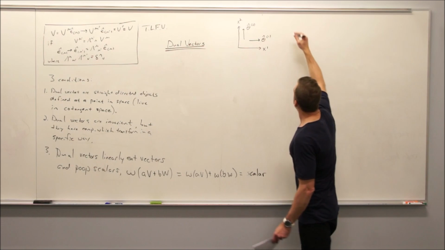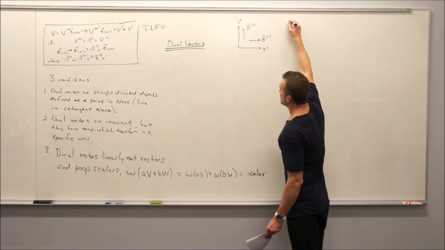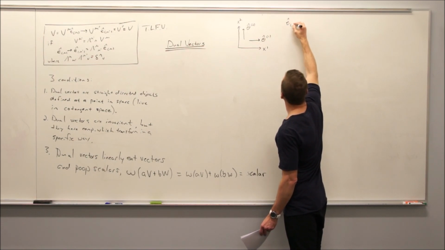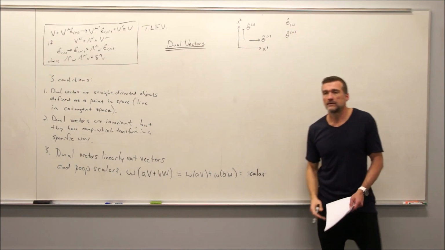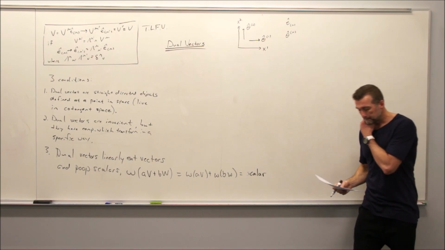Where for vectors we used e hat mu, for dual vectors our basis is going to be theta hat with an upper index.